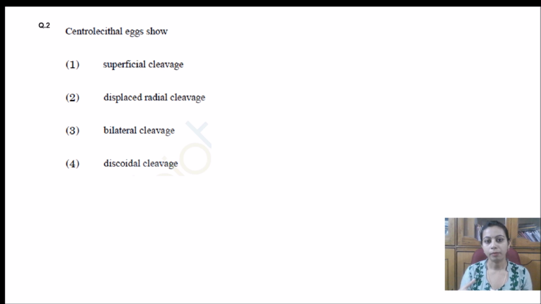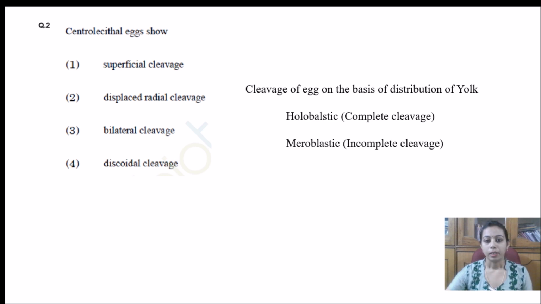So all these are well regulated, and the first step just after the formation of the zygote is the cleavage. Cleavage can be of different types, but depending on the distribution of yolk in the cells, it can be of two types.